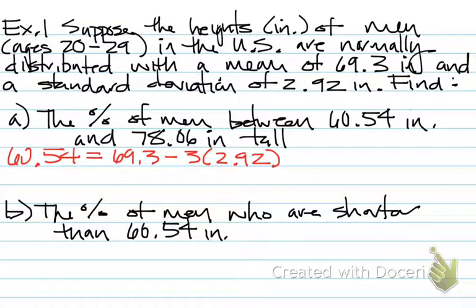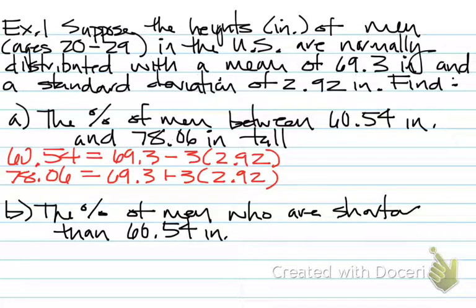Now we know that 60.54 is 3 standard deviations below the mean, and 78.06 is 3 standard deviations above the mean. And we know from the previous slide that 99.7% of the values are within 3 standard deviations above and below the mean. So almost all, 99.7% of men's heights will be between 60.54 inches and 78.06 inches.